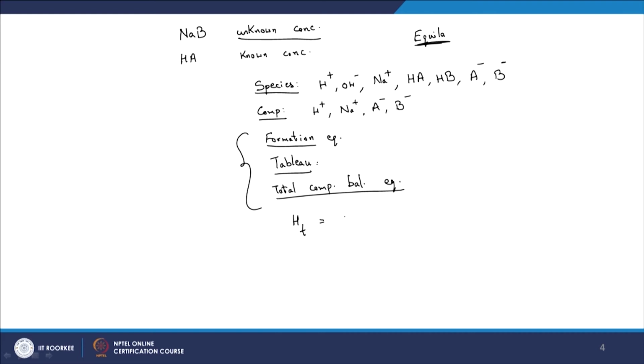H total would be equal to the concentration of H plus at equilibrium, that is the key here, minus the concentration of OH minus, right, plus the concentration of HA plus the concentration of HB, again protonated forms of A and B, right.